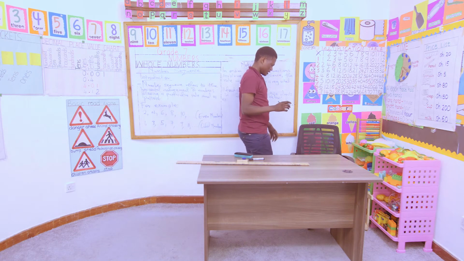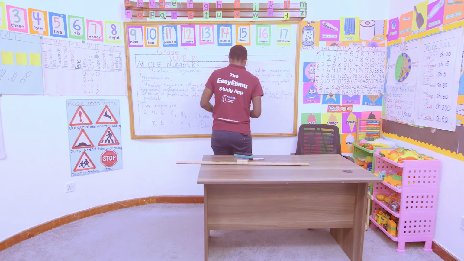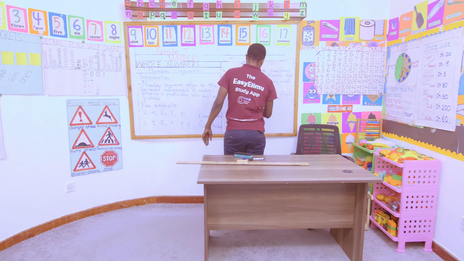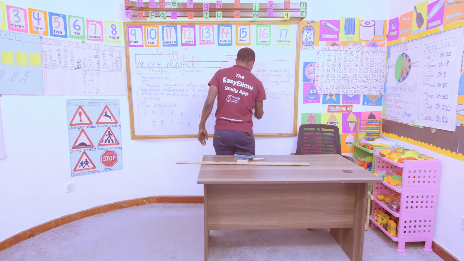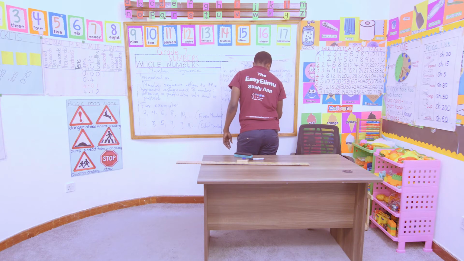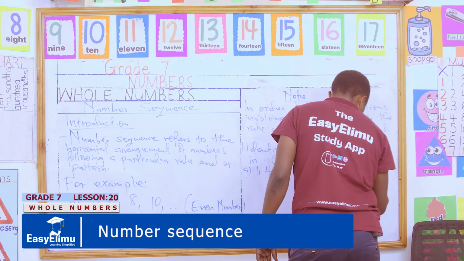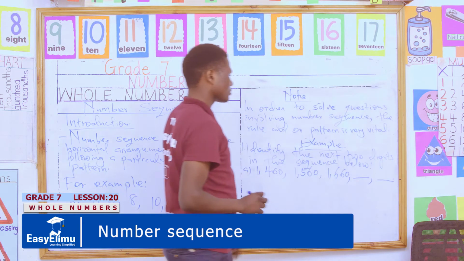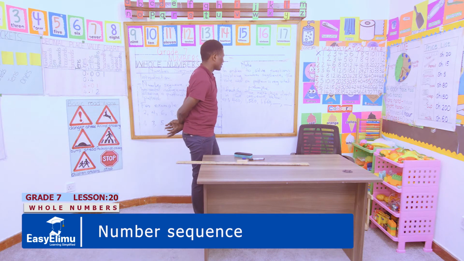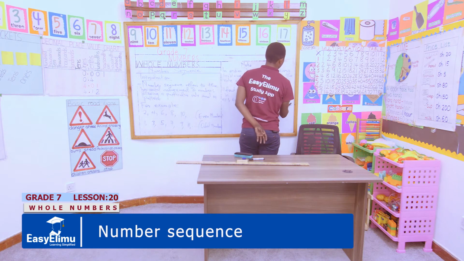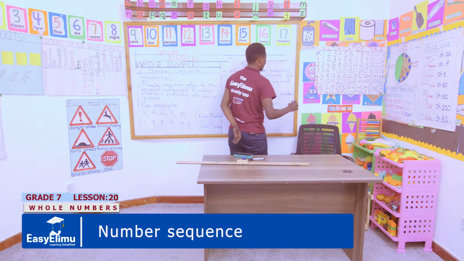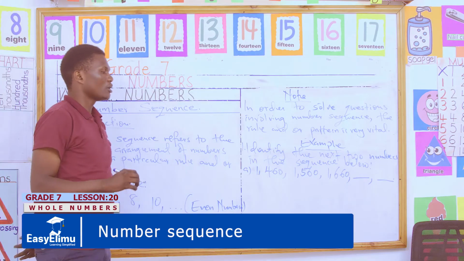We can have a sequence like 1460, 1560, 1660. So identify the next 2 numbers in the sequence below. So solution.